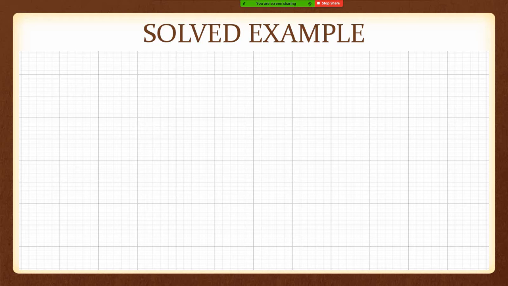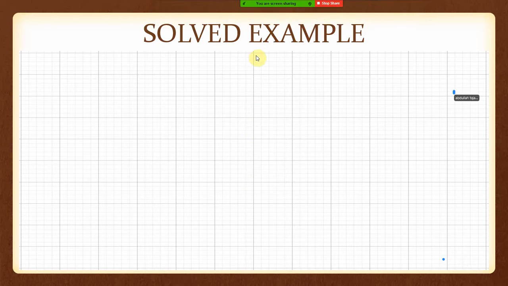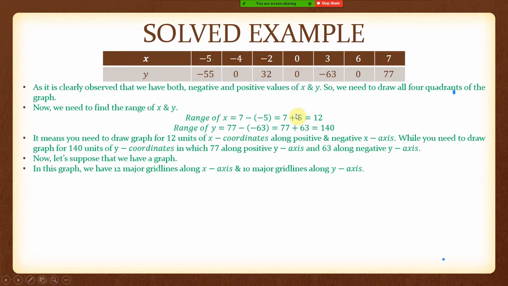So we have 1, 2, 3, and 1, 2, 3, 4, 5, 6, 7, 8, 9, 10. We have 10 major grid lines along the y-axis and we have 12 major grid lines along the x-axis. As clearly written on the screen, in this graph we have 12 major grid lines along the x-axis and 10 major grid lines along the y-axis.